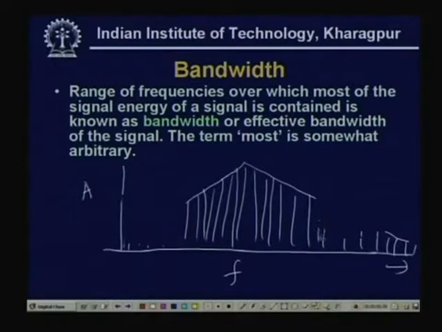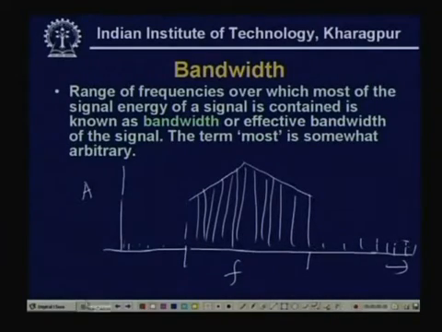If we remove these portions of the spectrum, then we can say this is the bandwidth of the signal, from this part to this part. This is where the major part of the frequency components or energy lies, so we call it the bandwidth of the signal.